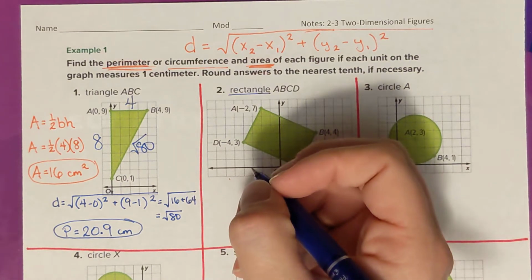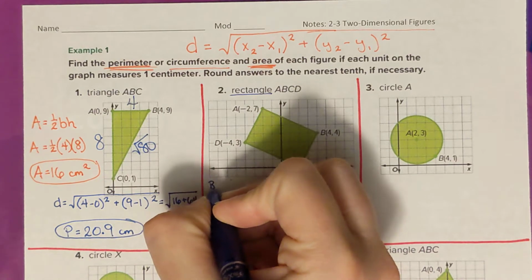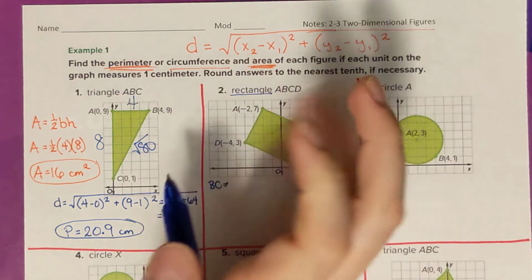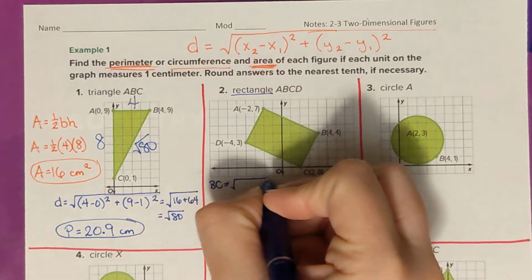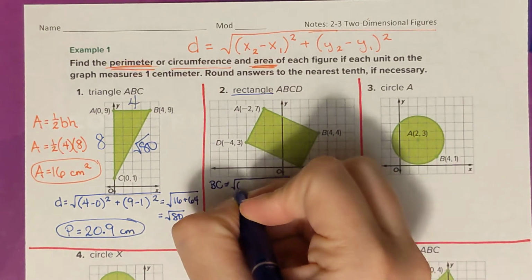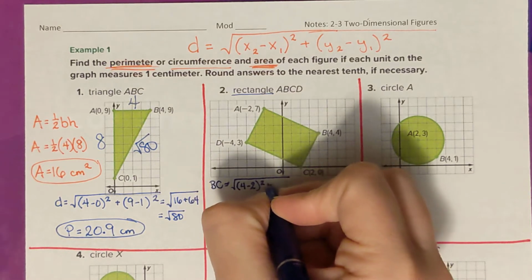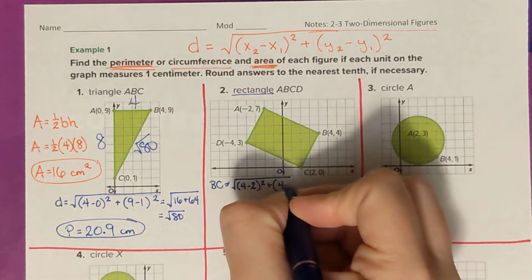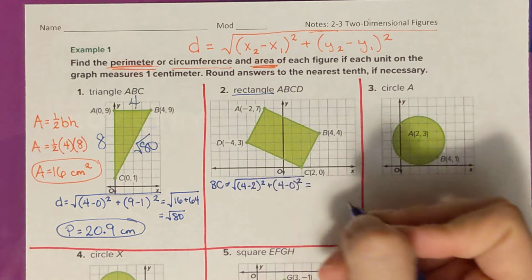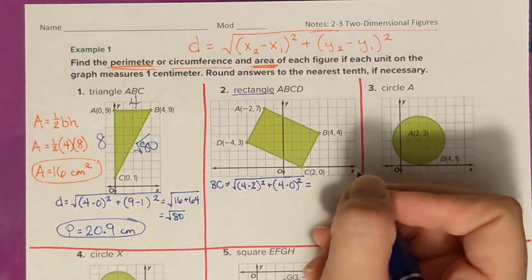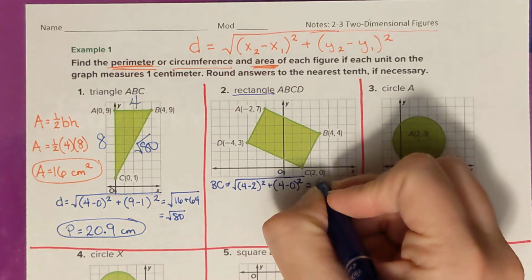So let's try it. I'm just going to do BC first, just because it's all positives. Okay, so BC, 4 minus 2, all of that squared, plus 4 minus 0, all of that squared. Again, if you can do it in your head, just do it in your head, write it down, or use a calculator. 4 minus 2 is 2, 2 squared is 4.